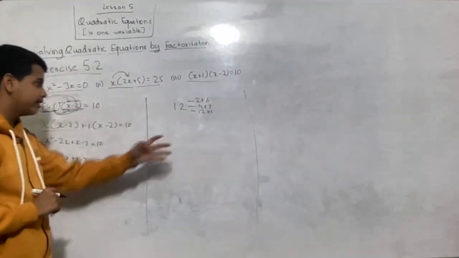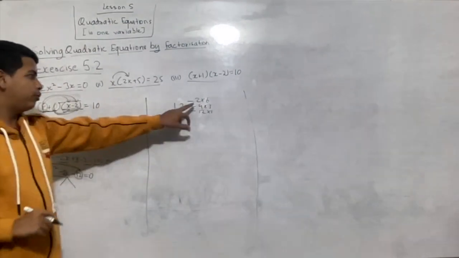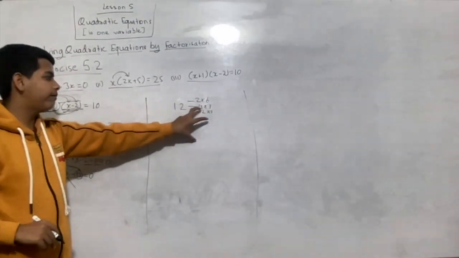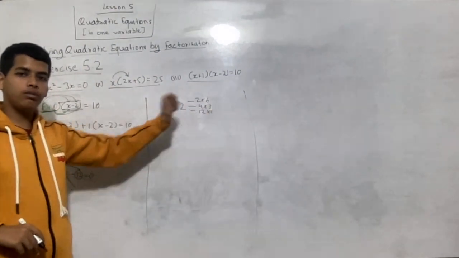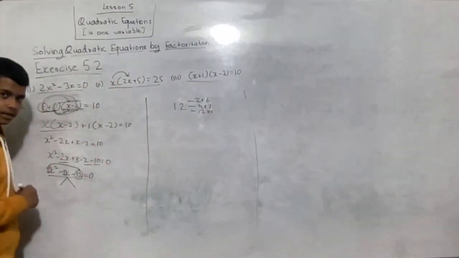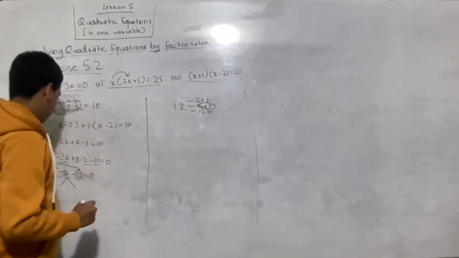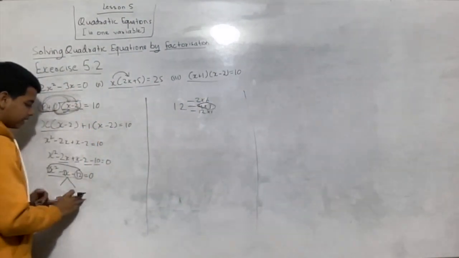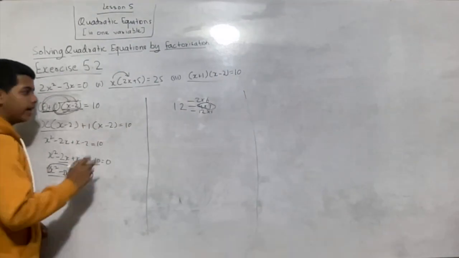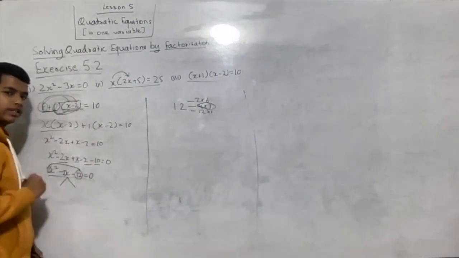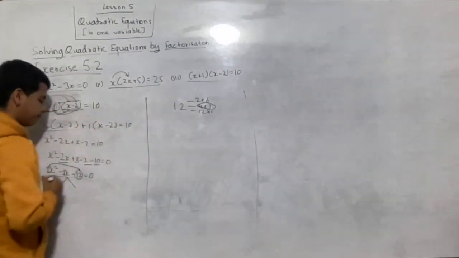Now we can clearly see that 4 threes are 12, and 4 minus 3 gives you 1. That's clear. So we are going to use these numbers 4 and 3, because these two numbers should add and subtract to give us minus 1, and they should also multiply to give us minus 12. So 4 and 3 are such numbers.